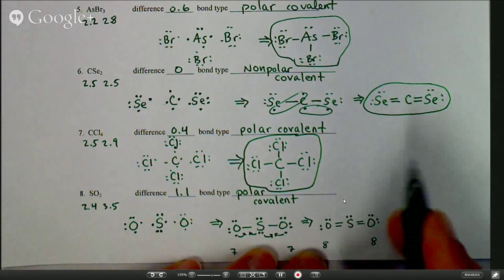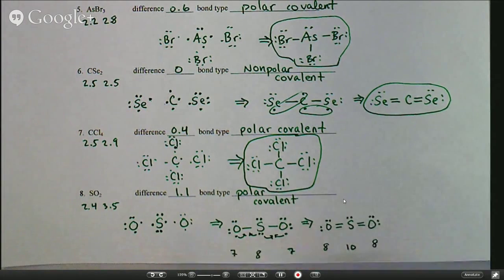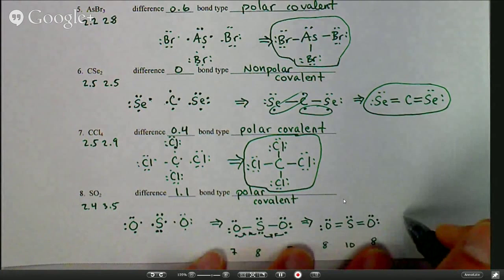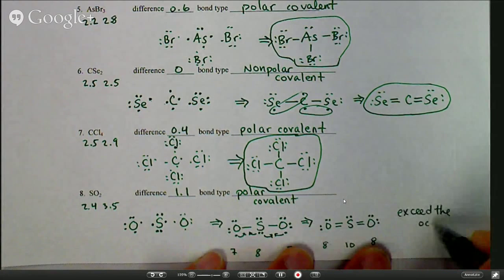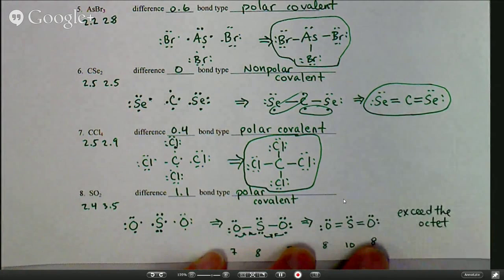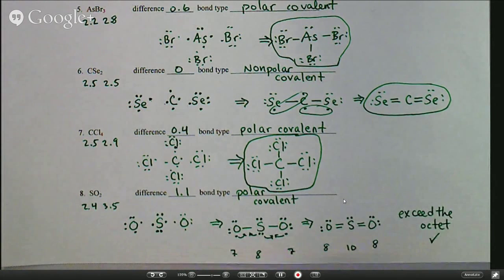Sulfur, though, has 10. And so you might think, shoot, what are we going to do? Well, every once in a while, sulfur does this. Sulfur is an exception where it can exceed the octet. And for sulfur and sometimes phosphorus, that's okay. And that's it.